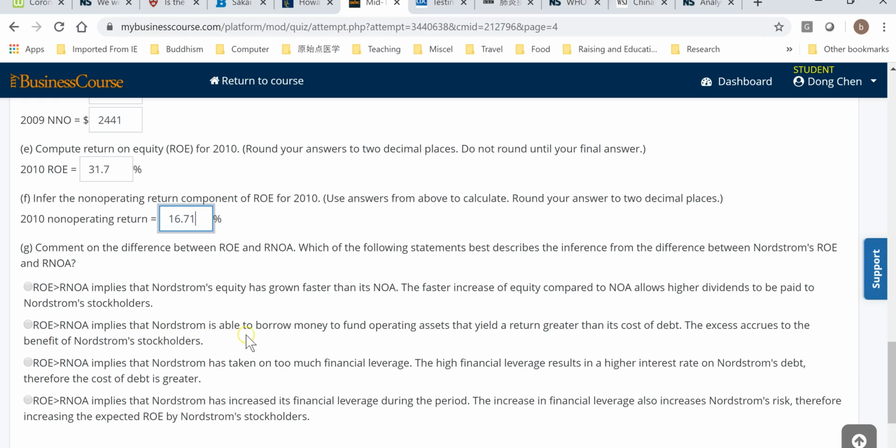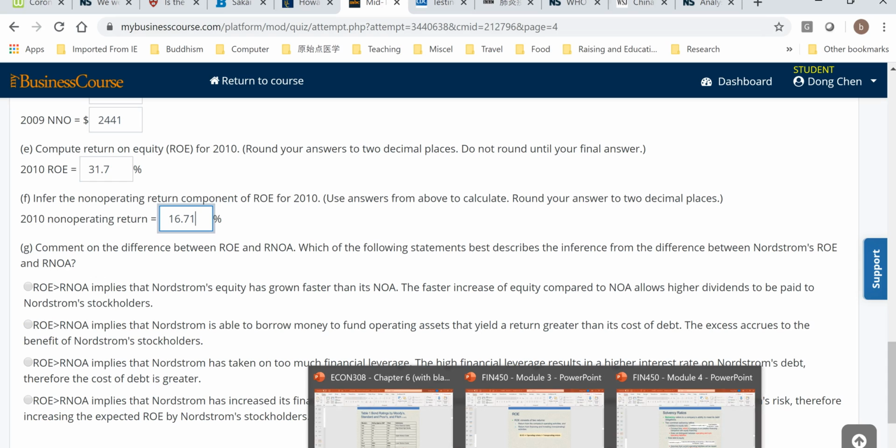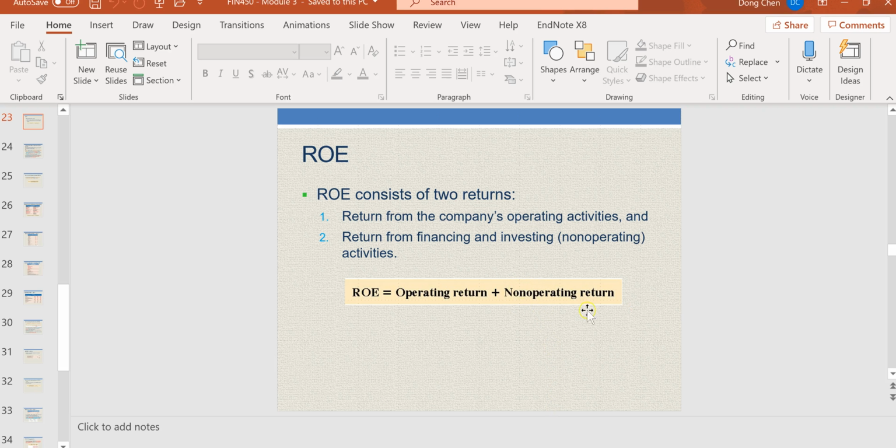Implies that Nordstrom is able to borrow money to fund operating assets that yield a return greater than its cost of debt. And that's exactly what we just analyzed. The excess return accrues to the benefit of the Nordstrom stockholders. Right? That's why the non-operating return comes from the leveraging part, the financing.